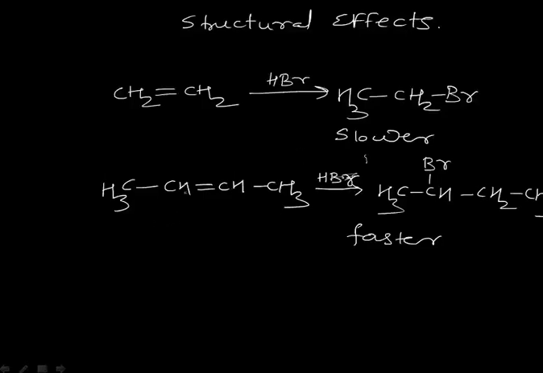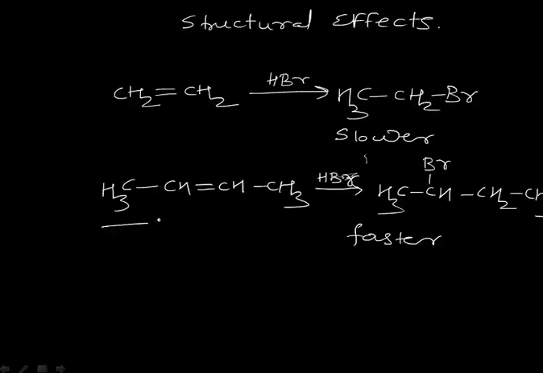In 2-butene, the carbon-carbon double bond is electron rich as compared to the double bond of ethylene, and therefore it reacts faster. This is because of the change in structure.